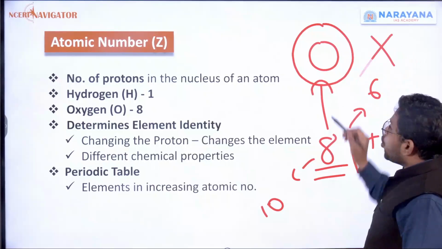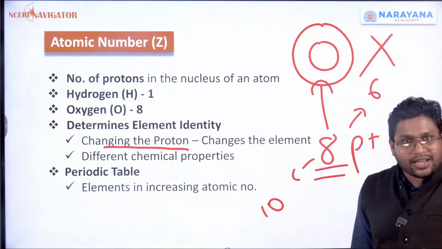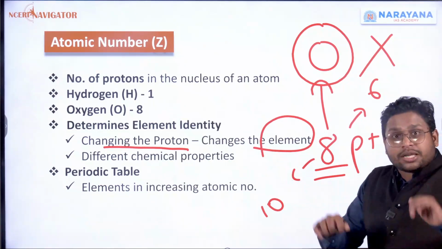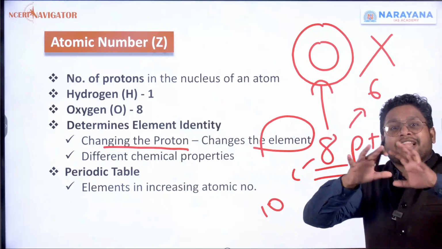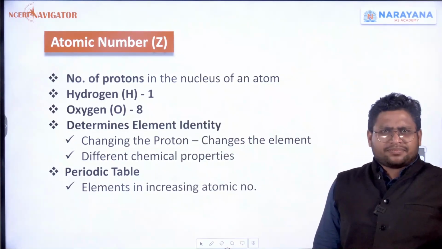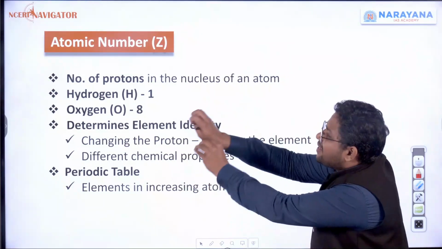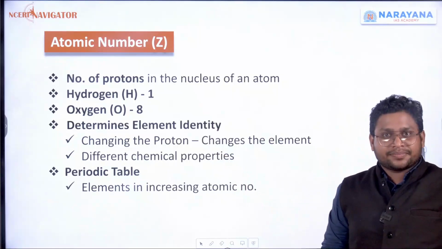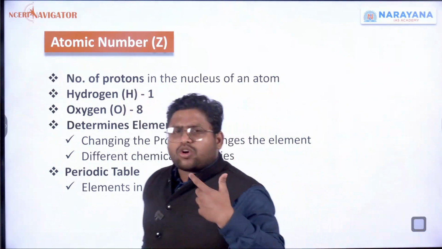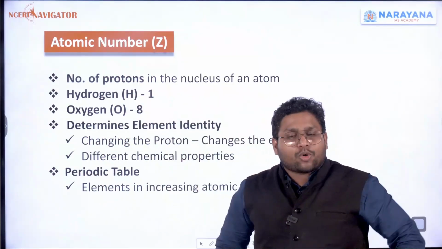The answer is no. As soon as you change the number of protons in any atom, that element will not remain the same. It will become a different element altogether. Its chemical properties will be completely different. That means whatever the number of protons is, that is the real identity of any element. Clear? Because we know this number of protons matters, we gave it the name atomic number, the number of protons of any element.